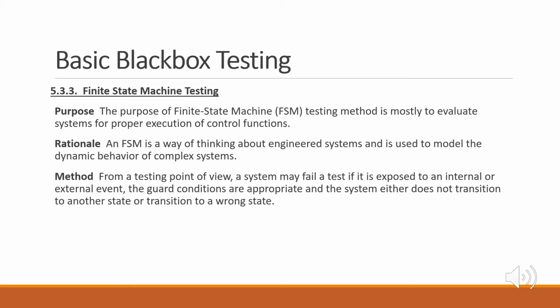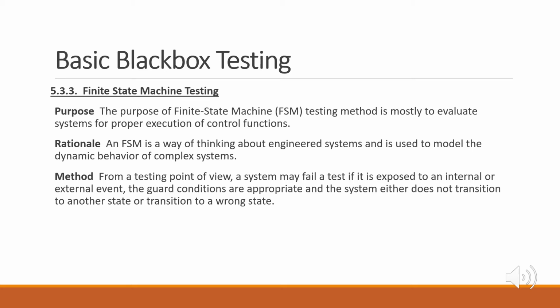From a testing standpoint, a system may fail a test if it's exposed to an internal or external event, the guard conditions are appropriate, and the system either does not transition to another state or transitions to a wrong state.